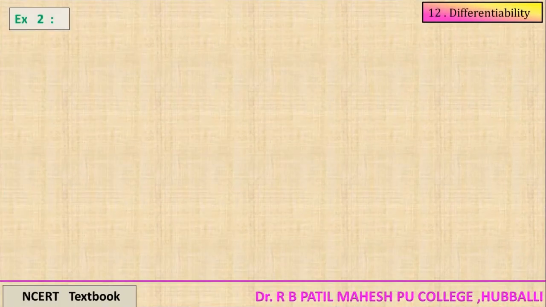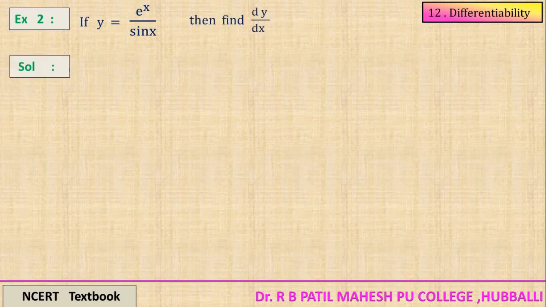Second one, this is an NCERT textbook example: if y is equal to e raised to x divided by sin x, then find dy by dx. First you write the given function.